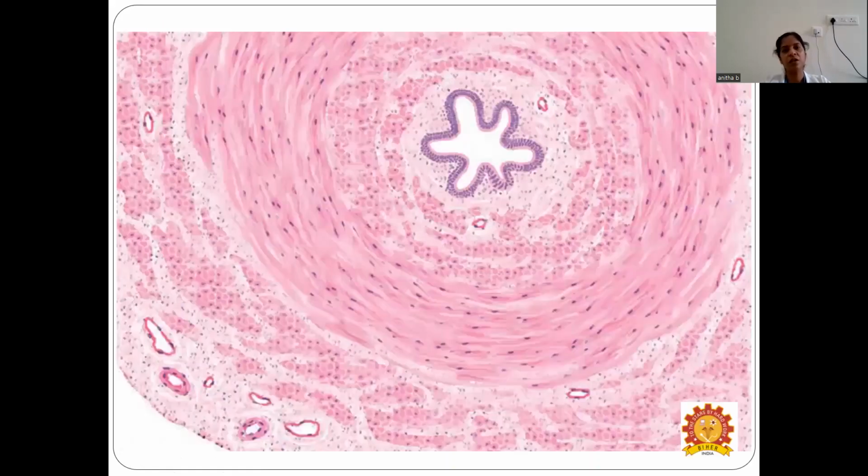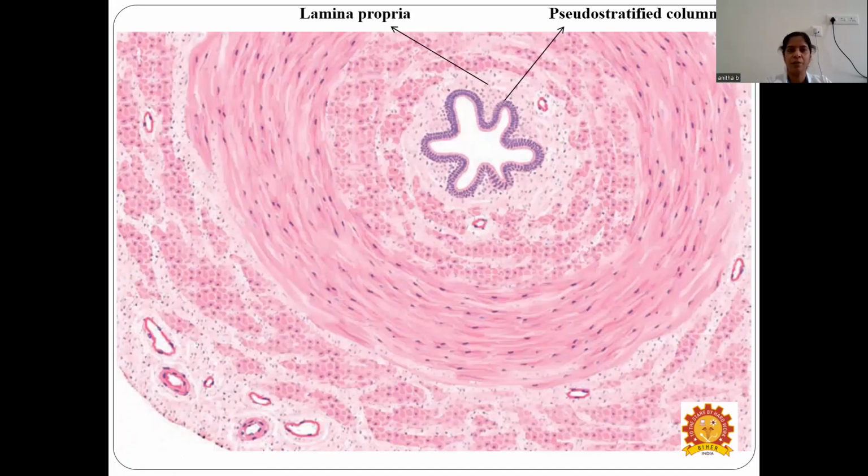So this is the picture showing the section of the vas deferens. You can see the irregular star-shaped lumen. You can see the lining epithelium. Okay, this is the lining epithelium. So that is pseudostratified columnar epithelium with stereocilia. Beneath the lining epithelium, what will be there? The lamina propria.